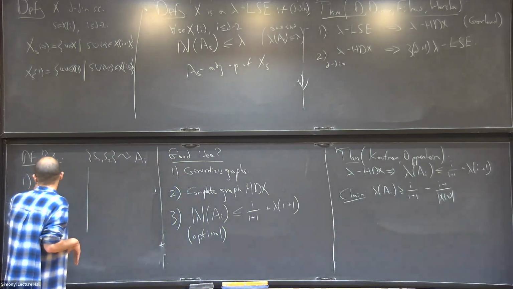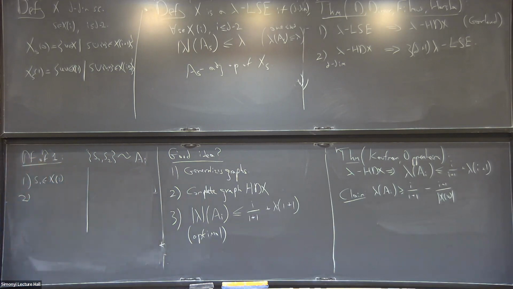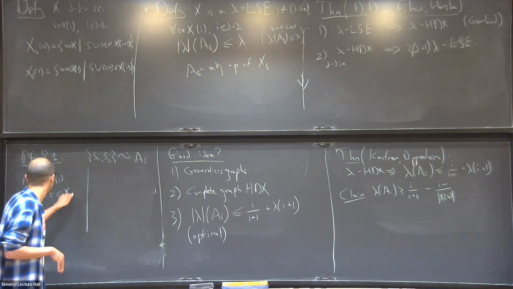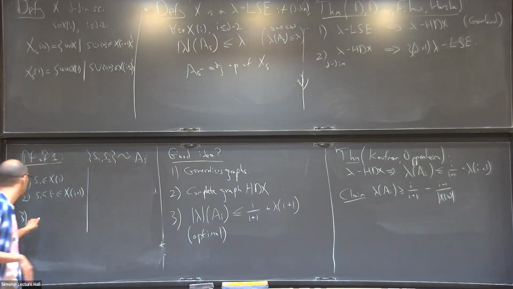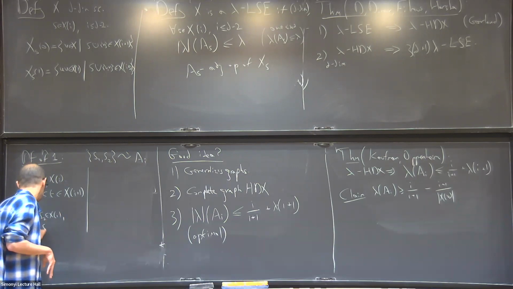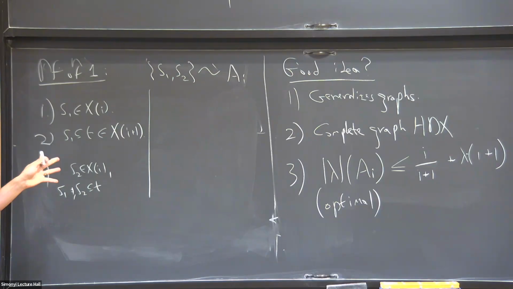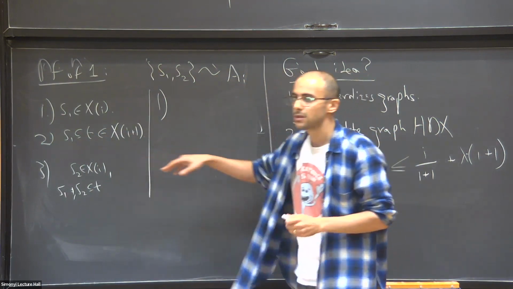I first sample a vertex s1 from Xi uniformly at random. Then I sample some t that contains it in Xi plus 1, and then I go down. Then I sample s2 in Xi, conditioned on it being contained in t, and not equal to s1. So I'm sampling a vertex and a random edge according to the non-lazy upper walk. But the point is that I can also do this using my links.